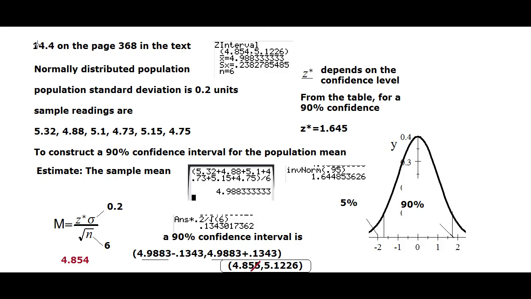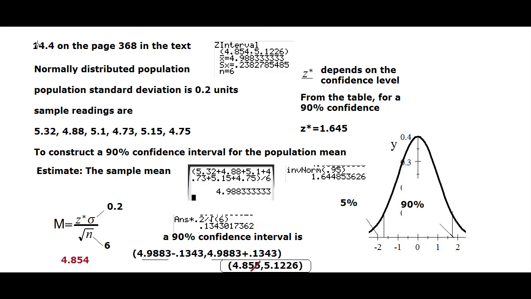Okay, there are many ways of saying that. One of the ways is this: this procedure of computing a confidence interval captures the true mean. How often? 90% of the times. Everybody clear? That's what a 90% confidence interval does.